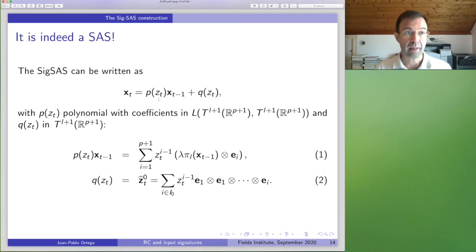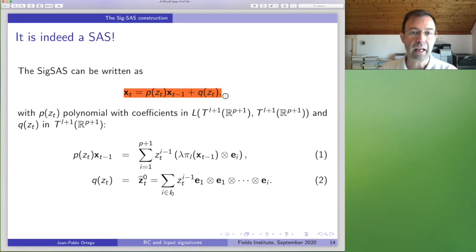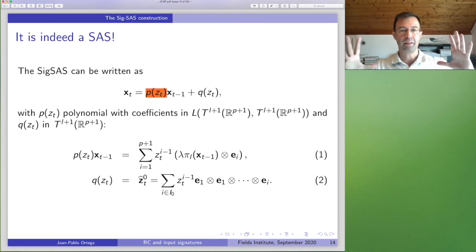Before I tell you that, let me emphasize that this is indeed a SAS. So for those of you who know what that is, a SAS, as I told you before, is something that behaves like this. The x_t depends on the x_{t-1} via this P(z_t). So this P(z_t) is a polynomial on the C, but the coefficients are matrices that are multiplying the x_{t-1}, and they are producing another tensor in the same space.